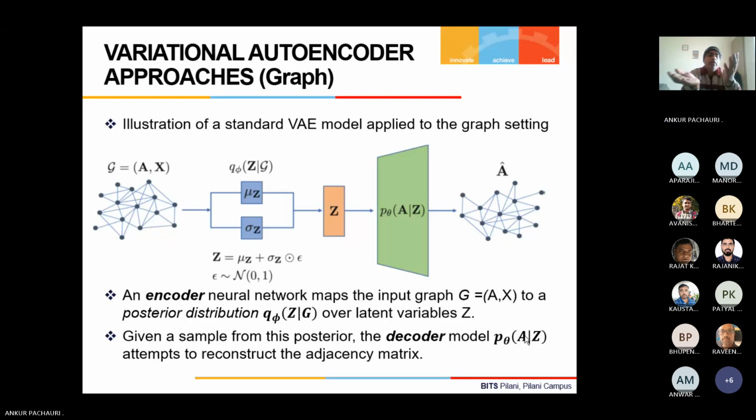Now the other way around also. Latent variables, as per the definition, are not directly observable, countable or measurable.